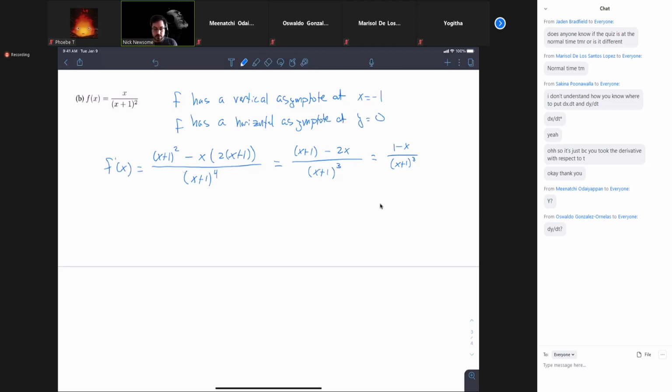Now I need to figure out increasing, decreasing. So I need to know what my critical numbers or undefined spots are. Not too hard to see here that we're going to have an undefined spot at -1 and a 0 at x equals 1.